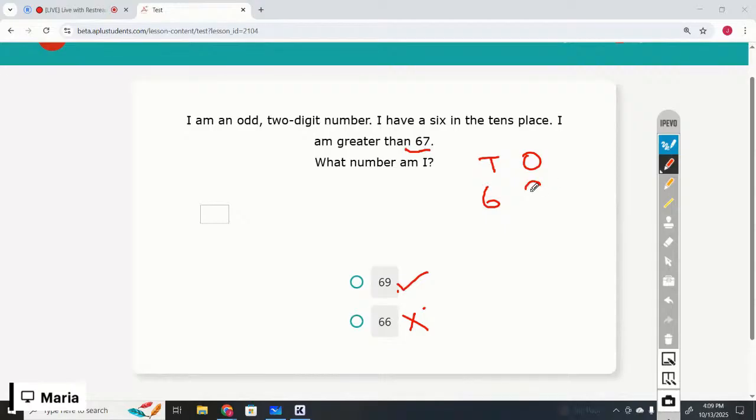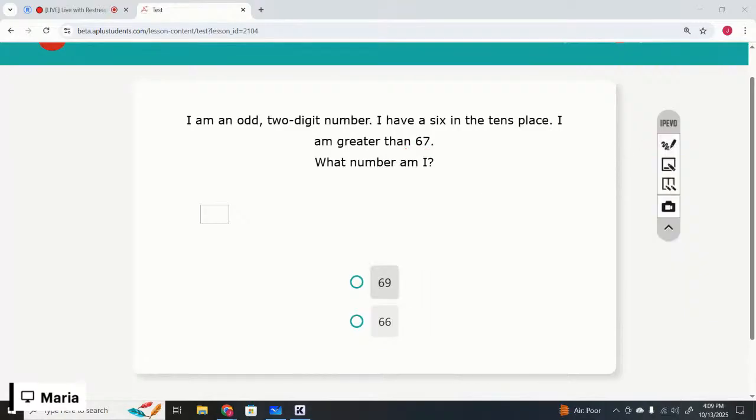So that means 69 it is. Also 69 is an odd number. So the correct option is 69. Option number 1 is the correct option, 69 it is.